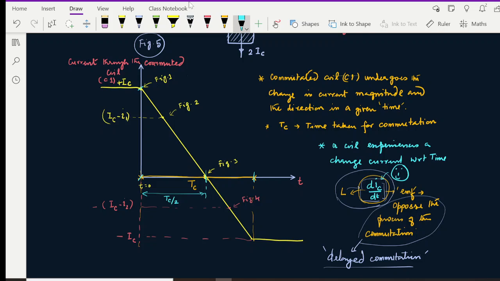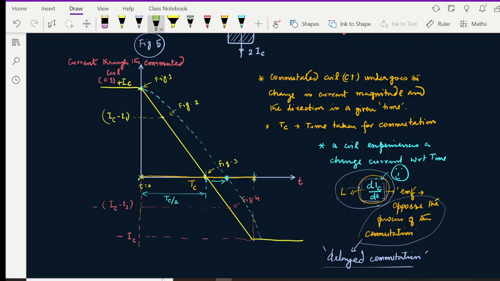But this may happen in a way like this. What do you mean by that? It means that the zero crossing of current is getting delayed from an ideal commutation process.